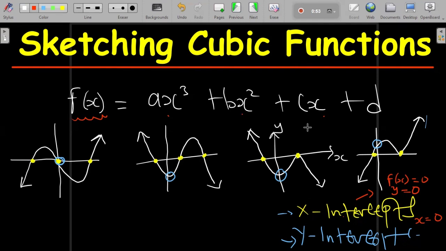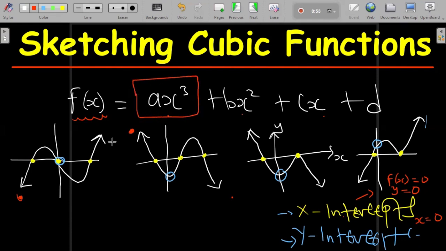Another question that students ask is how do you know if your graph is going to start from down and then go up, down, and then up like that, or start from up and then go down, up, and then down like that? You take a look at your cubic function.